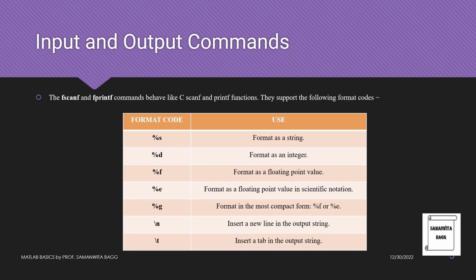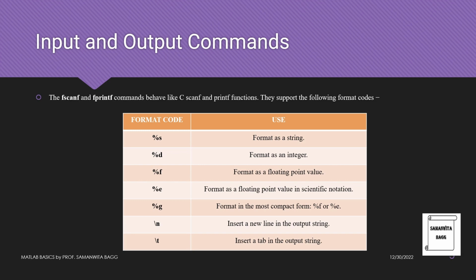%d is used for an integer. %f is used for a floating point value. Integer means it's not a decimal value. 1, 2, 3, 4 up to infinity, and also the negative values. And when I say floating point value, it could be 45.5, it could be 50.9.